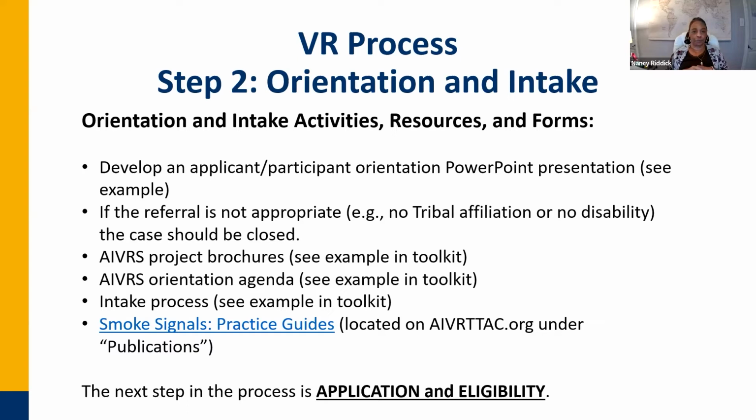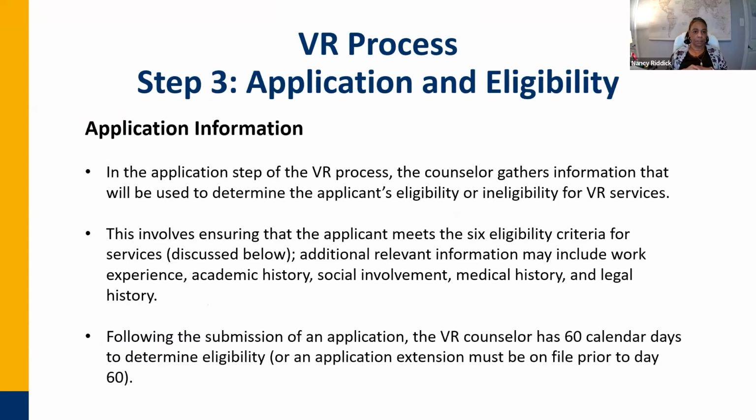And then the next step in the process is the application and eligibility. So in the application step of the VR process, the counselor is the big picture here. Well, the client, the participant is, but the counselor, she or he, is going to gather all the information that needs to be used to determine the applicant's eligibility or ineligibility for VR services.